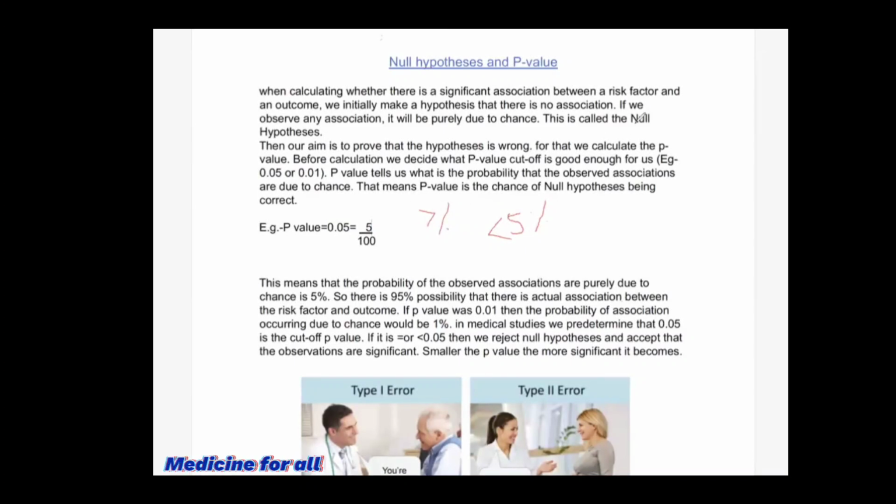When we say the null hypothesis is true, that means we accept the null hypothesis and say there is no actual association. Okay. So if you get a question saying they have compared something A to B and found the p-value as 0.05 or 0.04, what does this mean?